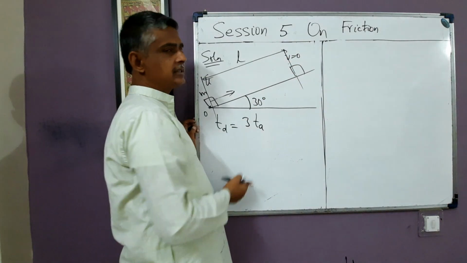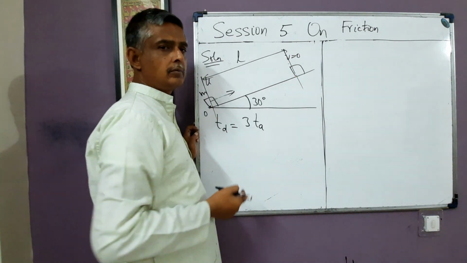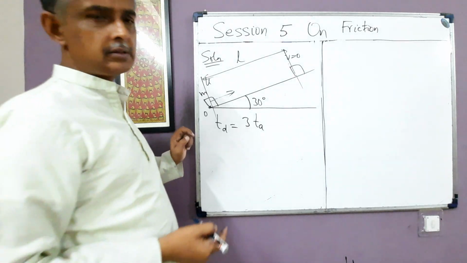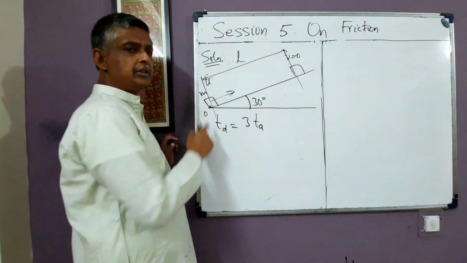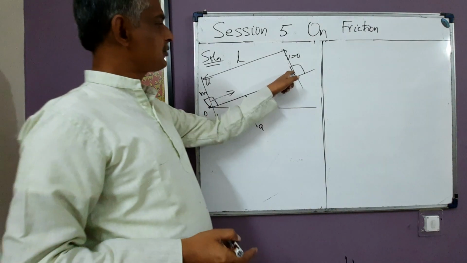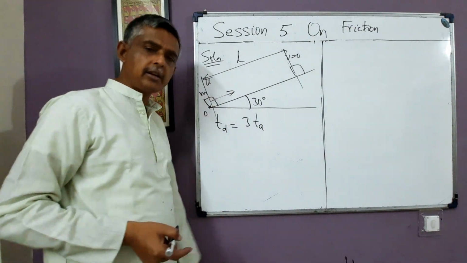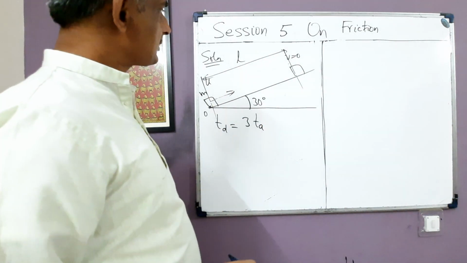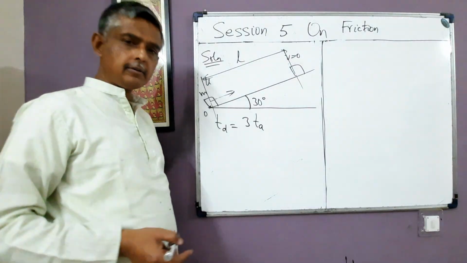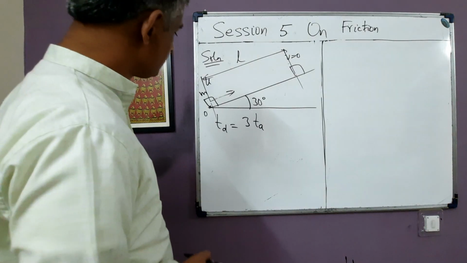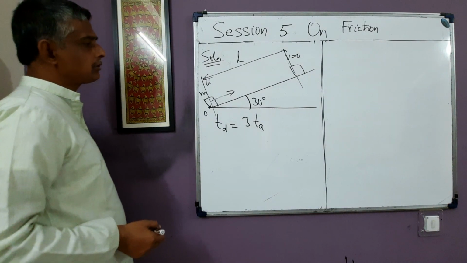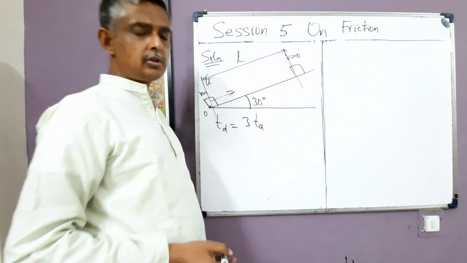Then it begins to move down and its speed begins to increase. When it comes again to the point of projection, in the downward journey, the block has again covered the same distance L.